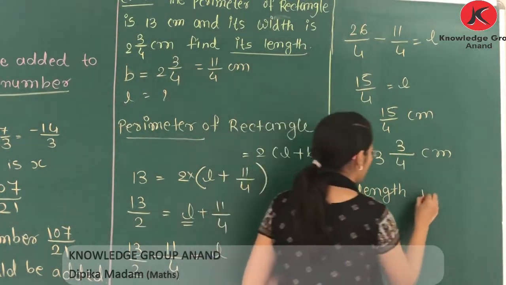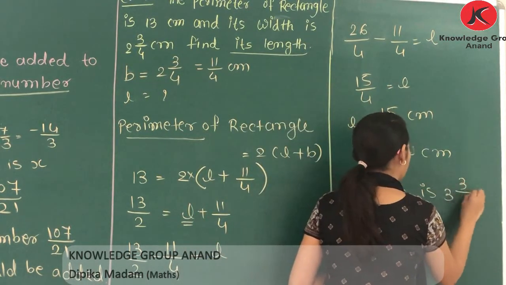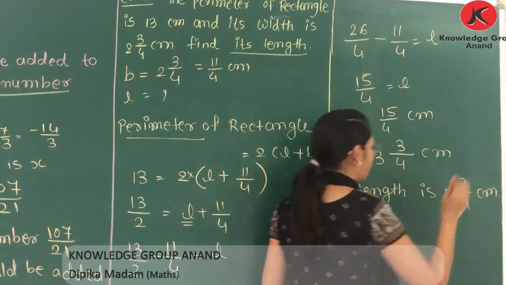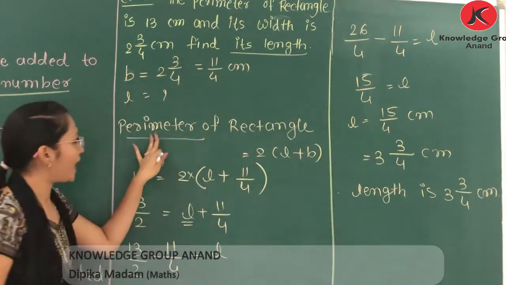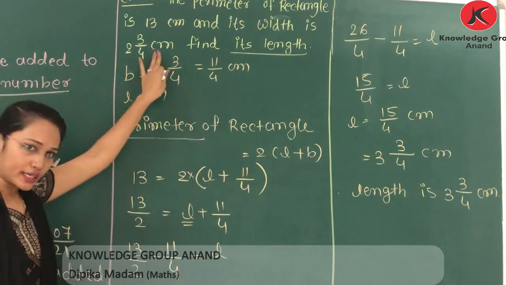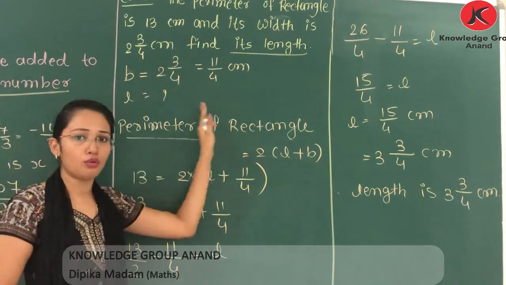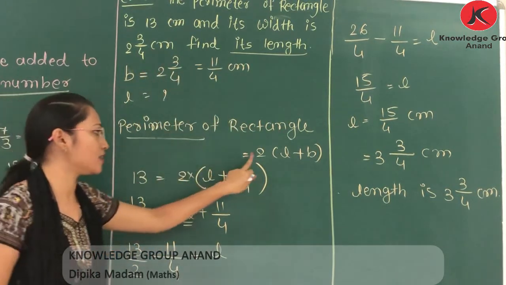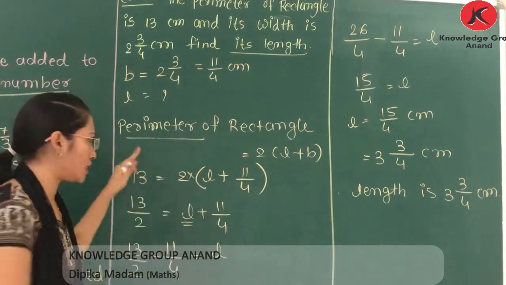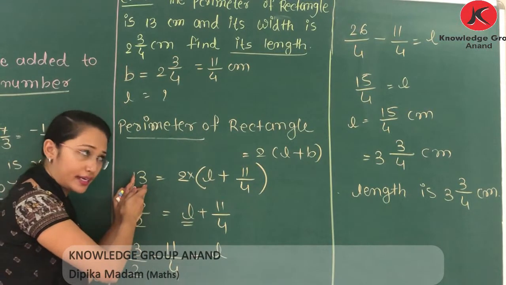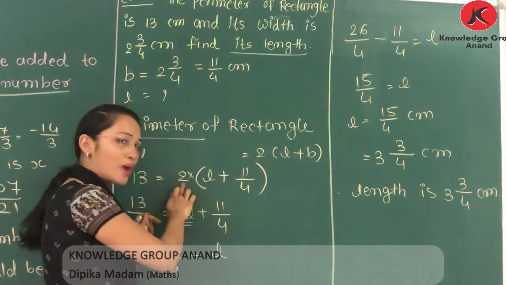So the length is 3 3/4 centimeter. Okay, again the perimeter of the rectangle is given, 13 centimeter. So we know the equation for the perimeter of a rectangle, that is 2 into bracket L plus B. Here the value of perimeter is given, so we write 13 is equal to 2 as it is.